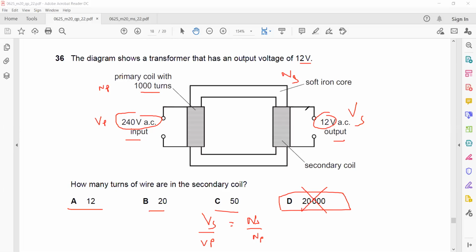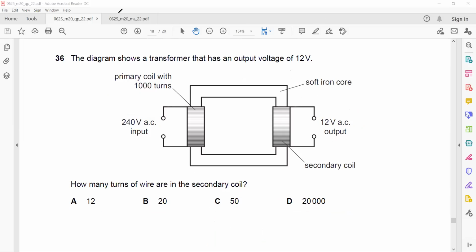You have to check by substituting the value, Vs over Vp is equal to Ns over Np. When you substitute the value, you will find that C is the right answer. Three of them are possibilities that can be right, but one of them is the correct answer. D is totally wrong according to the working of this transformer.